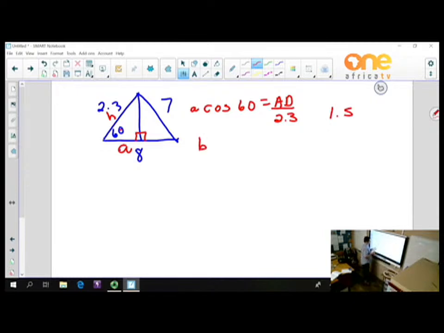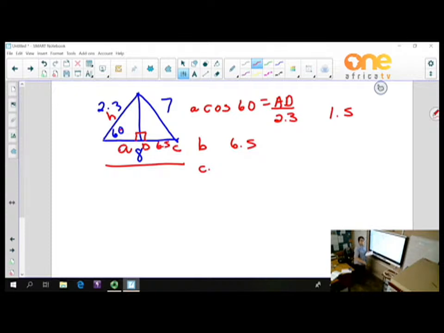Right, question B. Now, we need to find DC here. We know this whole one is 8. That one is 1.5. So the answer is 6.5. That's very easy. And then we go to number C. Now you have to find angle C. So this is now in this triangle. We know this is 6.5.